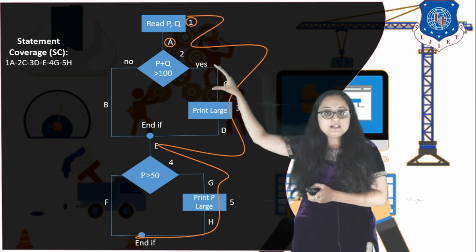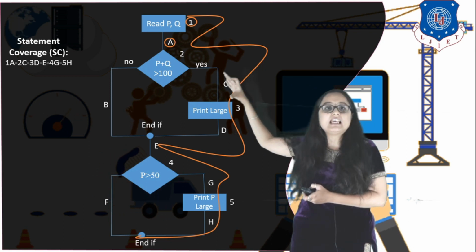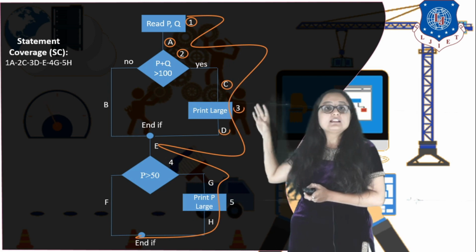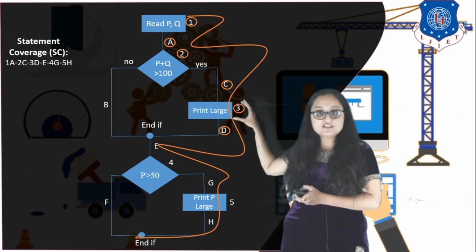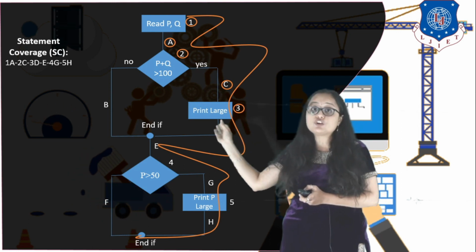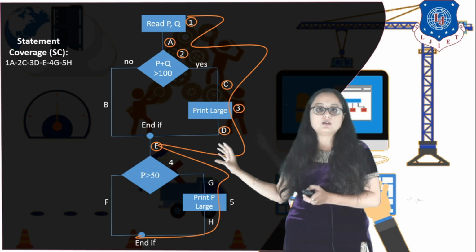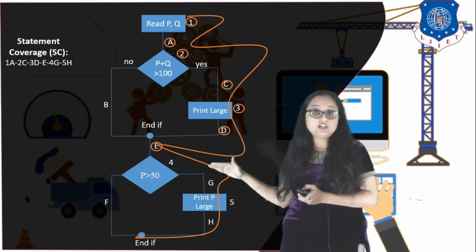So the second statement is being executed and the control edge being traversed is C. Then the next is 3D, so the third statement is executed and the control edge you are following is D, and then you are following E, which is the control edge going to the next if condition.